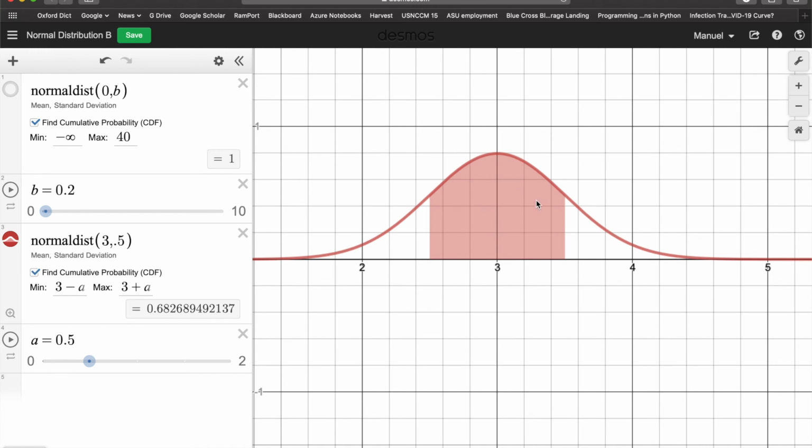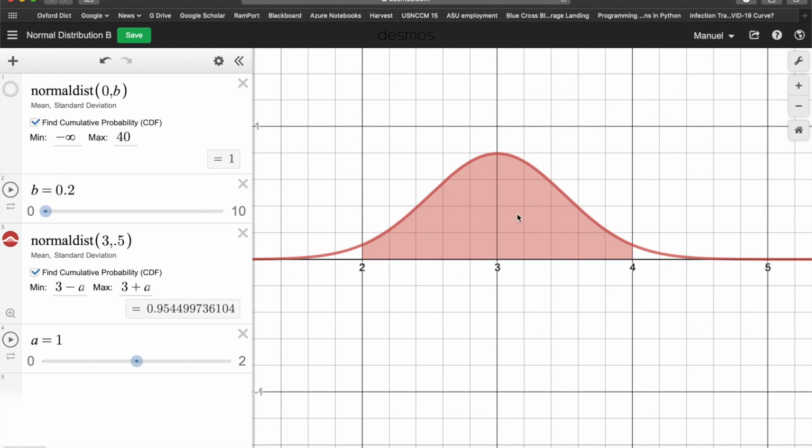And the probability of being in this region, we can see, is 0.6826. So the meaning of this, mu minus sigma and mu plus sigma, is that we are covering 68% of the probability. If we keep increasing to 1, in this case we have double the standard deviation, and the probability is 0.95.